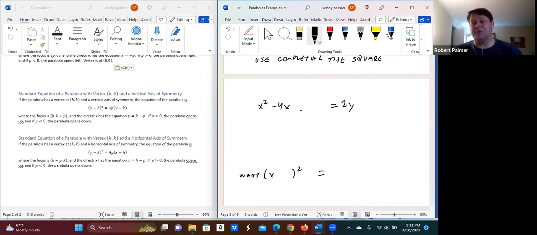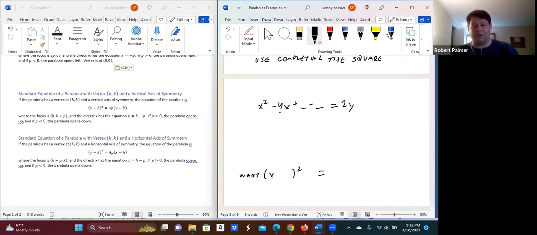Okay, so what I have to do then is I have to add something here and also take it away, because I can't just add. In other words, I have to add something and subtract at the same time, so I'm not changing what the equation means. All right. And so what I want to do then is make it look something like this. Okay, something x plus or minus something squared, and then we'll take care of this side.